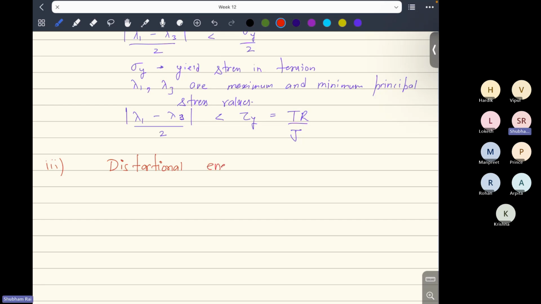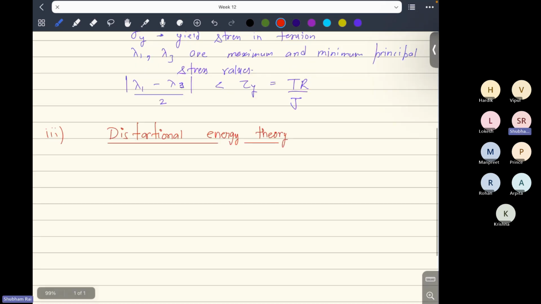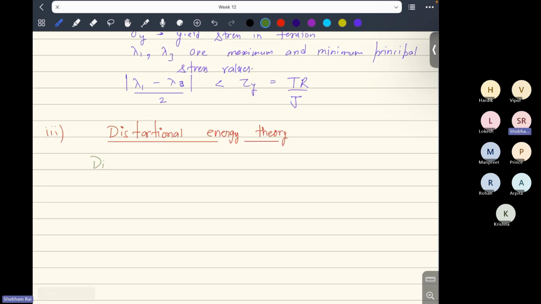So we say that distortional energy is equal to total energy minus volumetric strain energy.